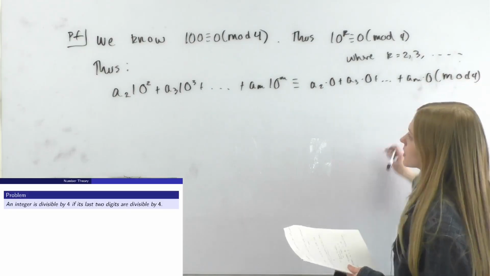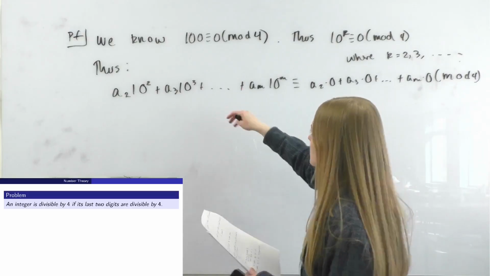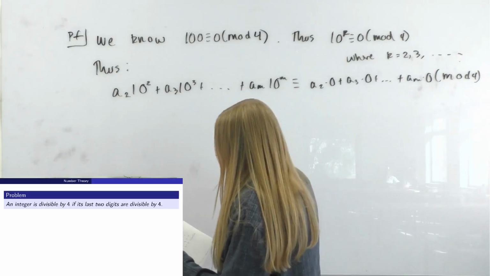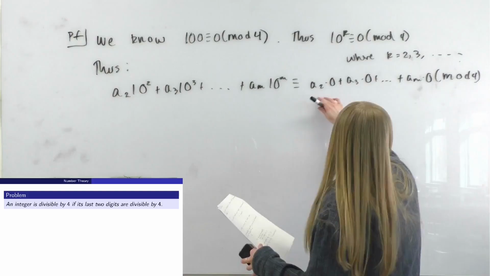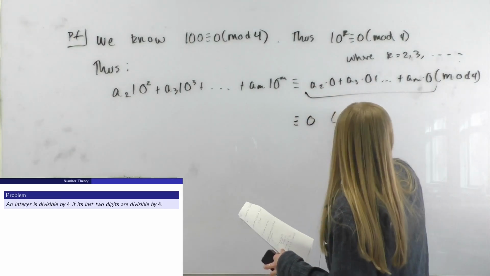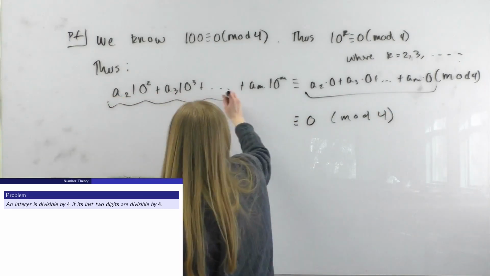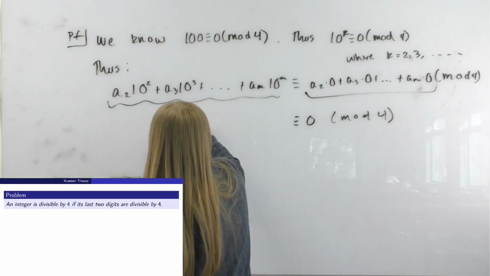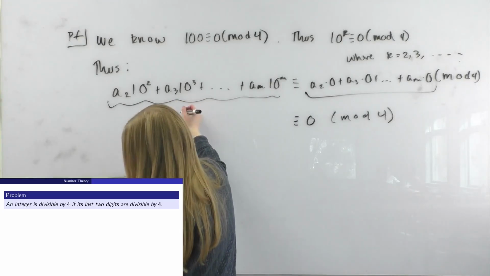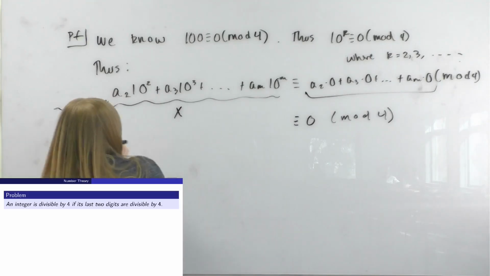So I'm just combining a couple of rules that we've already talked about. Like we can add things and raise things to powers and we're okay. So this is just 0 mod 4. And note that if we want this to be a base 10 number, we'll just call it x, we're just missing 2 pieces, right?